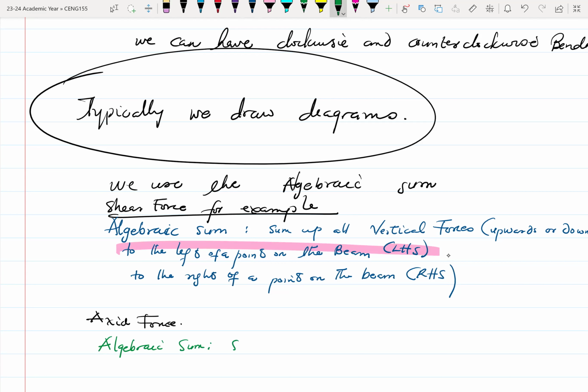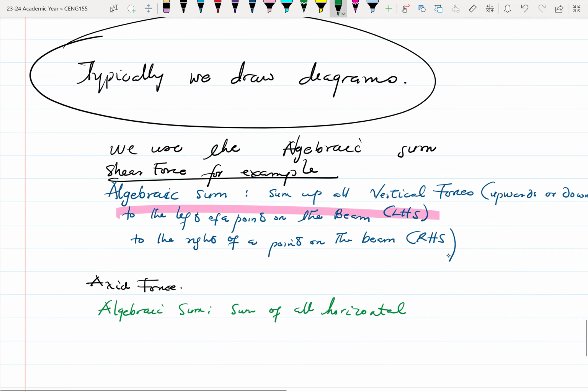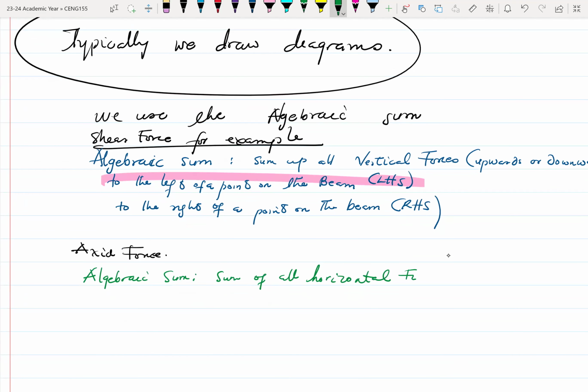This is also the sum of all horizontal forces. And again, this can be forces either to the right or to the left.